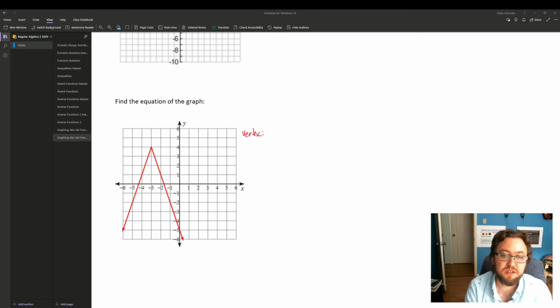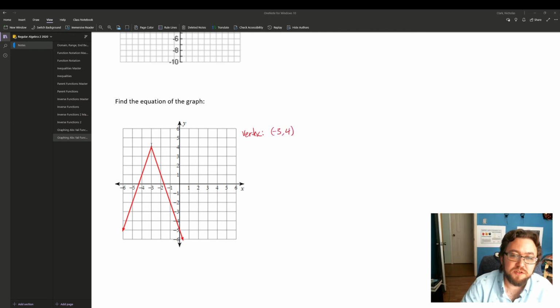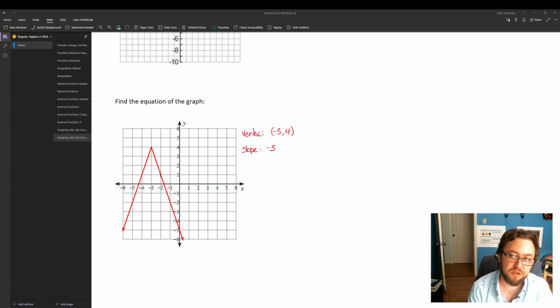So my vertex here is -3, +4. I'm also going to take a look at my slope here. It looks to me like I go down, so it's going to be negative. Down 1, 2, 3 over 1. So a slope of -3. Or -3 over 1, if that's more your style.